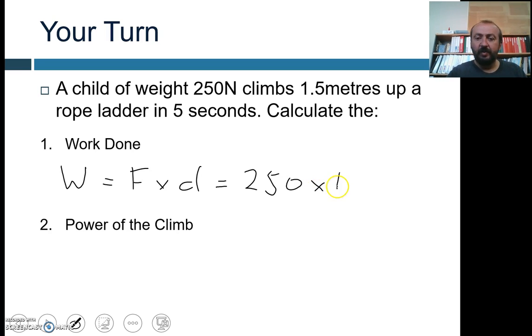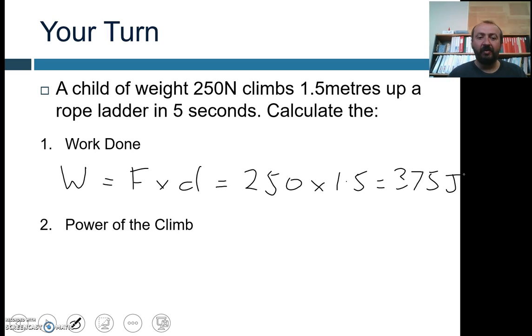And times by 1.5, because that's how far she had to move up, and that's 375 joules. So that's how much work, that's how much energy this child has to put in, if they weigh 250 newtons, to climb 1.5 meters up a rope ladder.